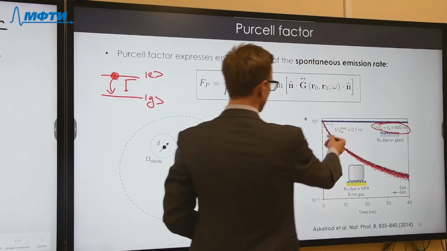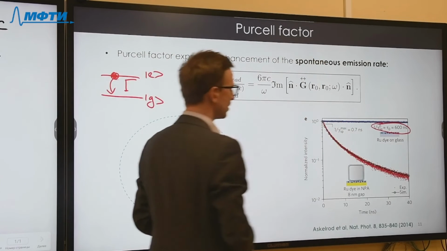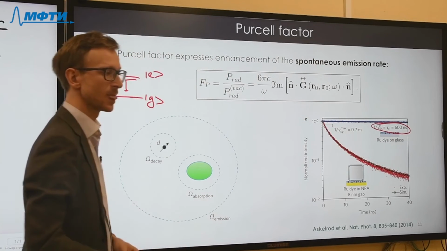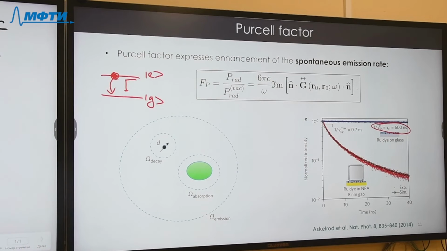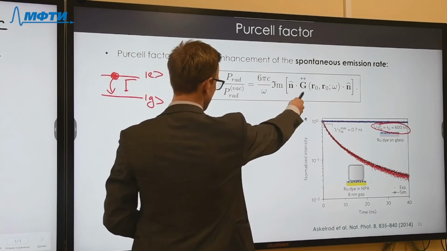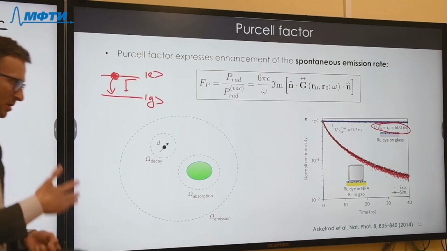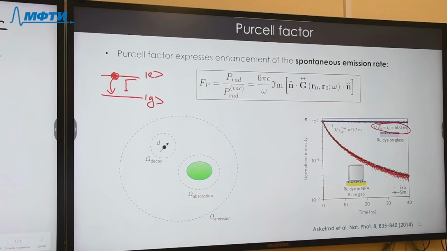And the extent to which we modify this emission rate is exactly the Purcell factor of the system, which is only described by the classical quantity, by the Green's tensor of the system, by the Green's tensor of the environment where we place this quantum emitter.